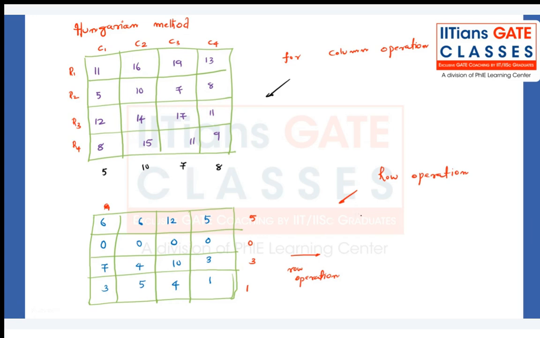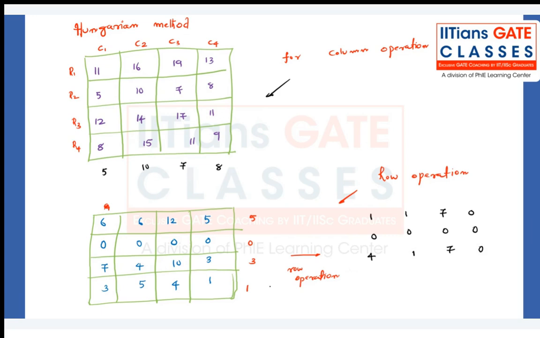Similarly, the second row stays the same: 0, 0, 0. Next, deduct 3 from every element: 7 minus 3 is 4, 4 minus 3 is 1, 10 minus 3 is 7, and it is going to be 0.